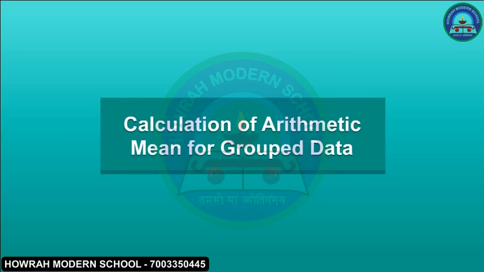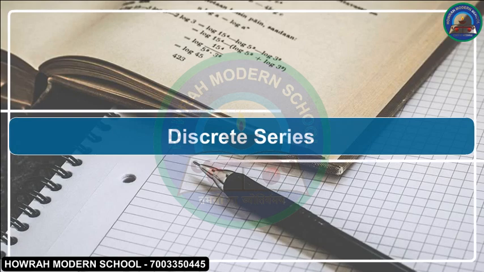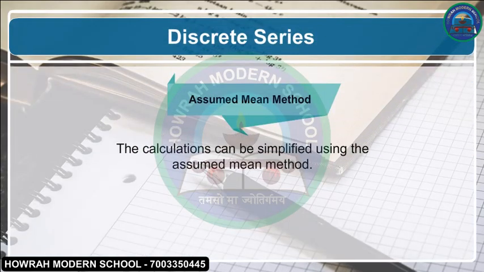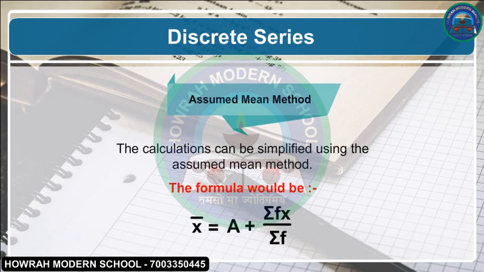Calculation of arithmetic mean for grouped data. Discrete series. Assumed mean method. The calculations can be simplified using the assumed mean method. The formula would be x bar is equal to A plus summation fd upon summation f.